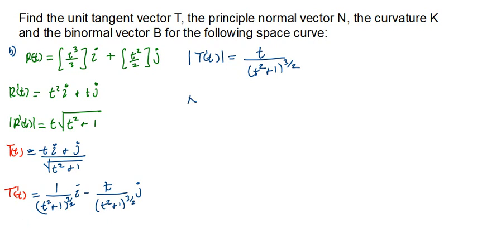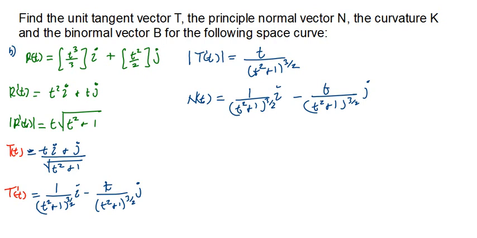So now the principal normal vector is going to equal this part divided by what you have there. First, write it the way it is: 1 over (t squared plus 1) to the power 3 over 2 in the i minus t over (t squared plus 1) to the power 3 over 2 in the j.